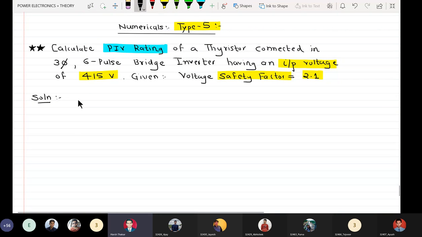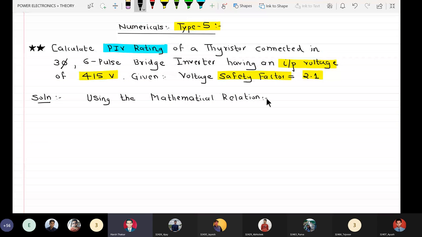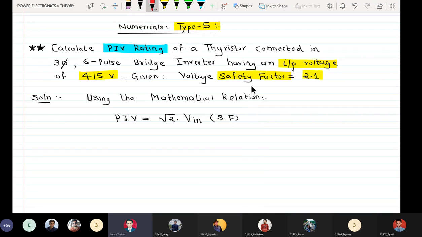Okay, so using the formula, PIV is equal to root 2 into V in into the safety factor.